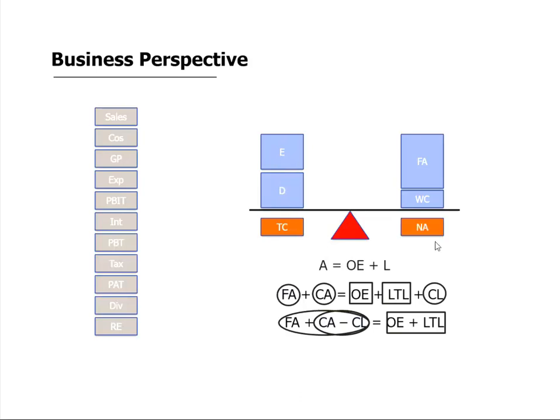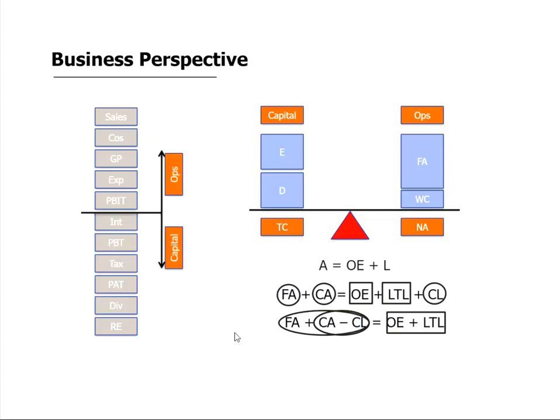All right? And net assets, fixed assets plus current assets minus current liabilities. And we're going to refer to the left-hand side as the capital, sources of capital, shareholders and banks that fund the operations of the business, fixed assets and working capital.